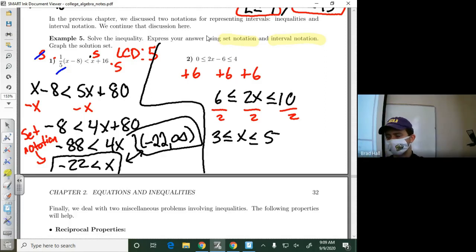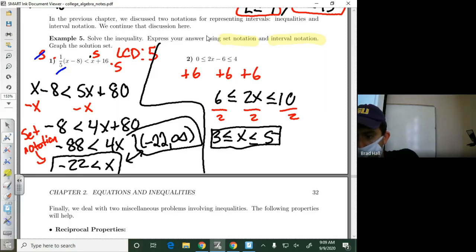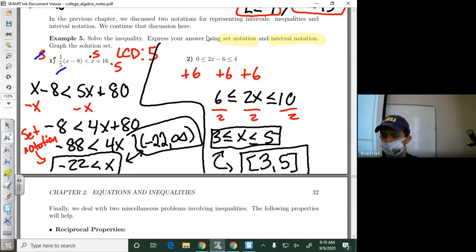So inequalities, whether they be regular inequalities or compound inequalities, are good for algebra. And now we have the inequality solved, which means x is by itself. So this would be the set builder notation, and equivalently, this would be the interval notation.